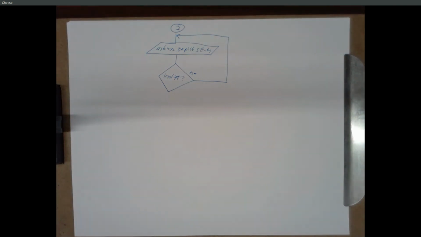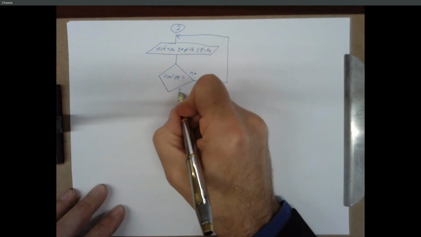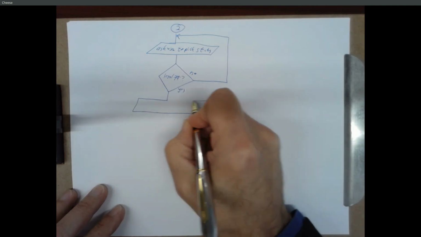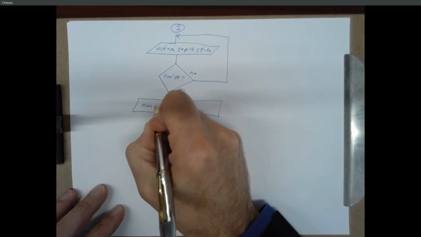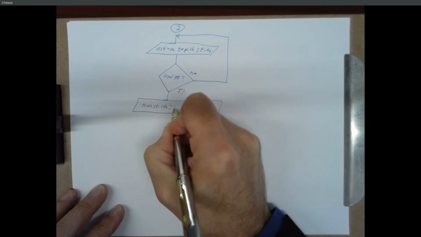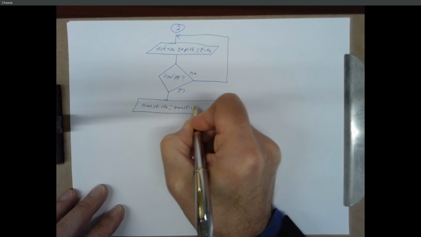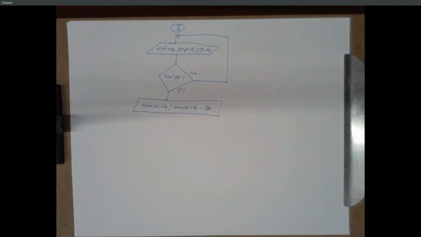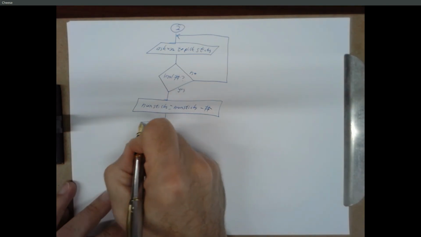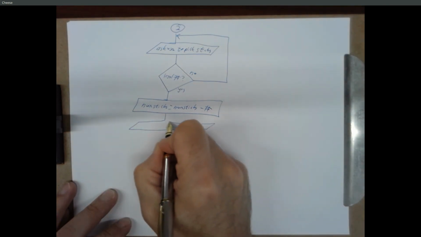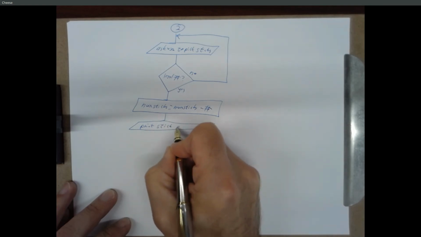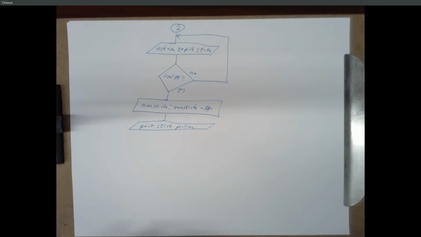Ask them again, input a number. Once they input a legal number, subtract that from the number of sticks. Print the stick picture. So the vertical bars with the number of sticks in parentheses.